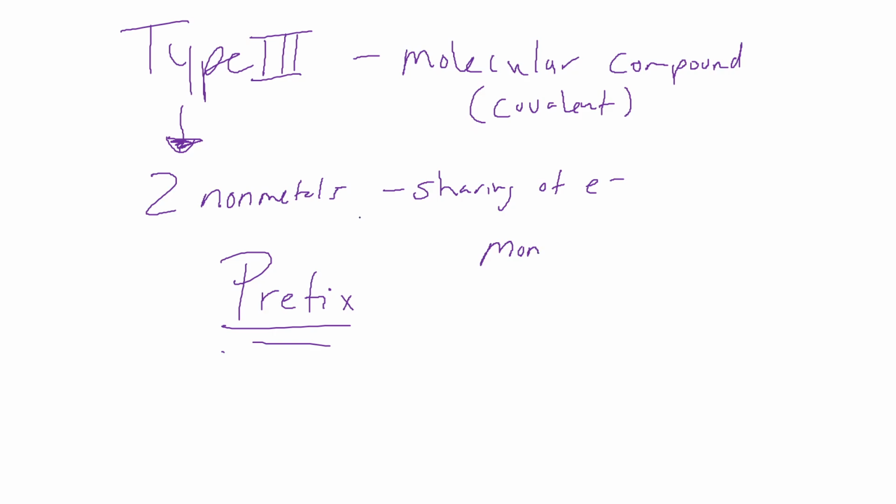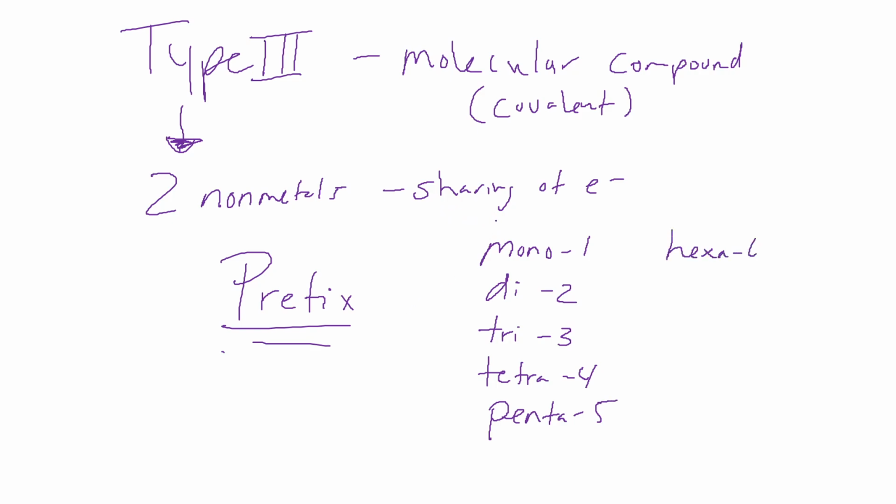We use mono for 1, di for 2, tri for 3, tetra for 4, penta for 5, hexa for 6, hepta for 7, octa for 8, maybe go more than that, nona for 9, maybe deca for 10, although you probably won't get too much into those, I imagine.